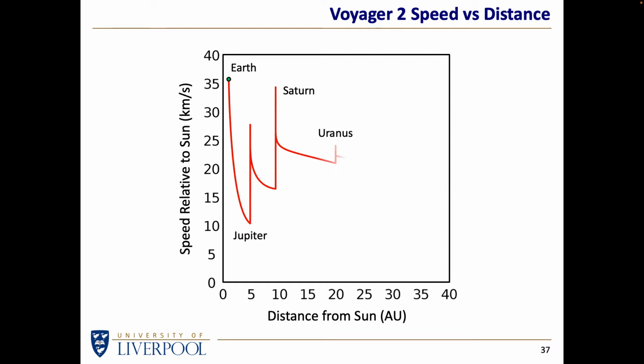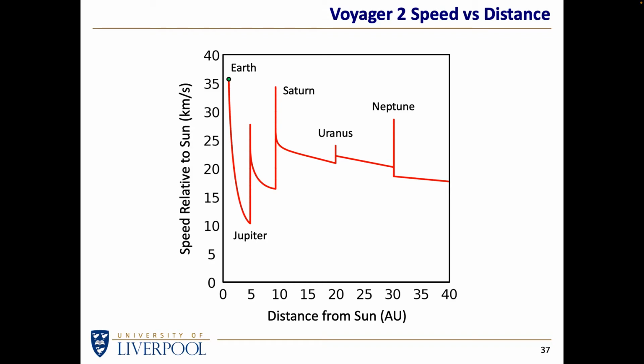You can see that each time you go past a planet, the velocity spikes quite considerably. It dropped towards Jupiter, then we got a huge boost at Jupiter, then another boost at Saturn, and smaller boosts. And in fact, there's a little bit of a drop as we pass Neptune. We're not fussed about increasing our velocity any further.